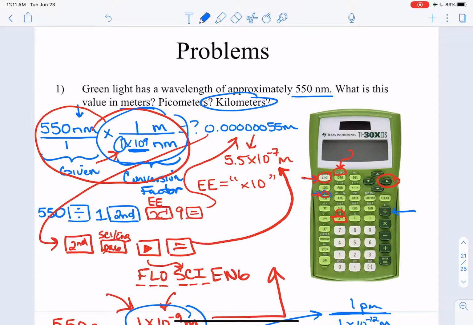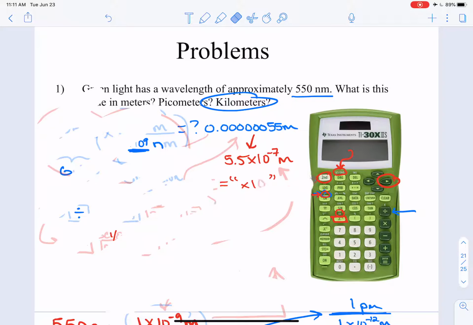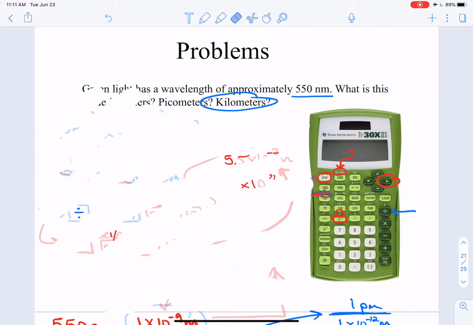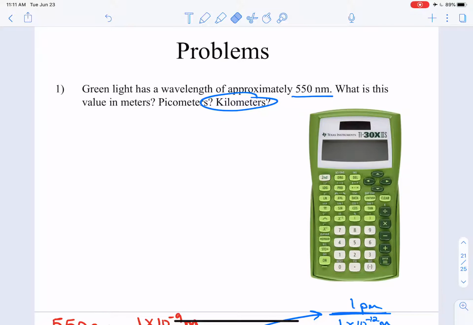Okay, let me erase some of this stuff right here so we can go ahead and do the kilometers. Okay, so again, we're going to start with our given. So we have 550 nanometers, and if you need to put over 1, put over 1.